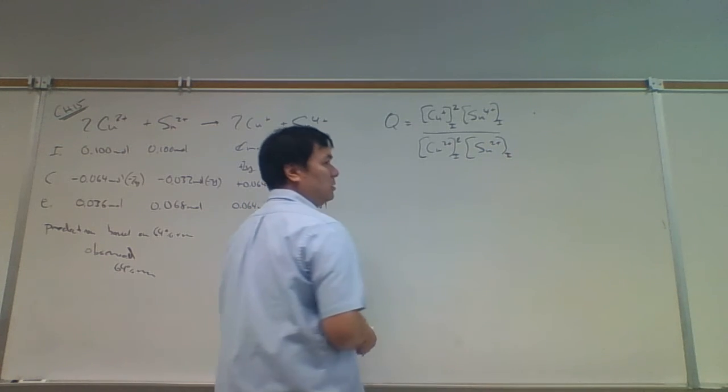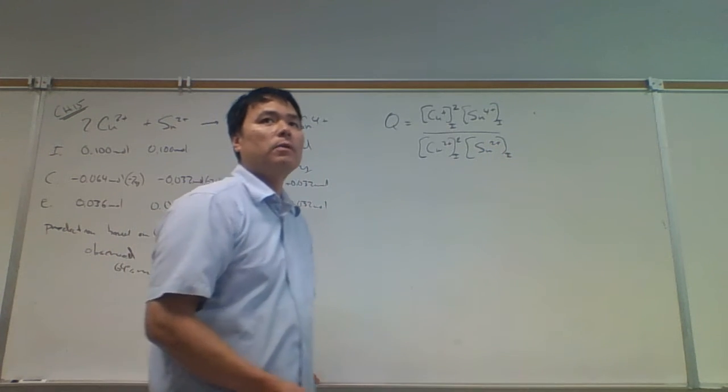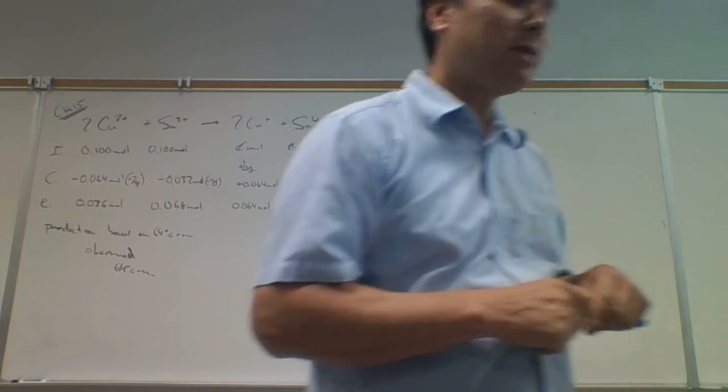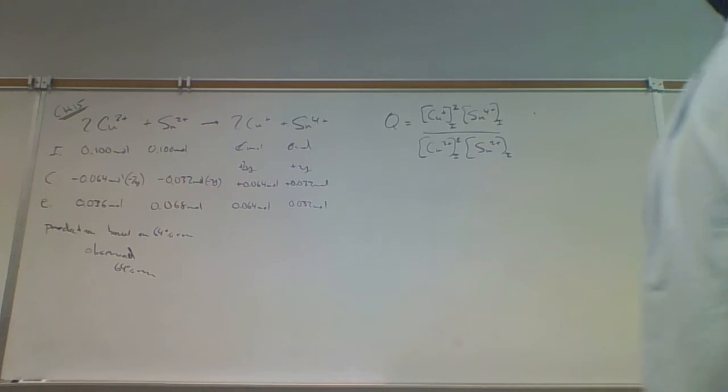And so this is your Q. You can start off anywhere, but sometimes the Q is too big, sometimes the Q is too small. In this case, the Q is too small. Because the Q is 0, that ratio should be 1.49. So what this means is it has to grow. The only way this can grow is by adding product, decreasing reactant. And so this means the forward reaction has to take place.